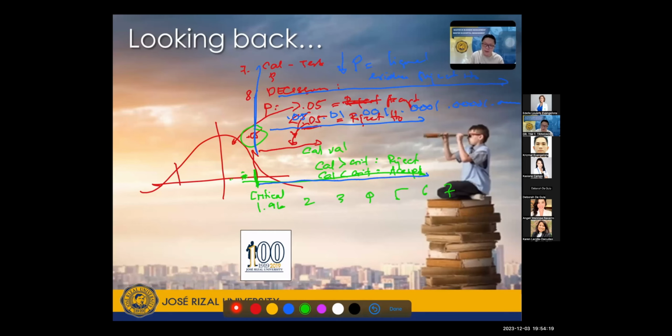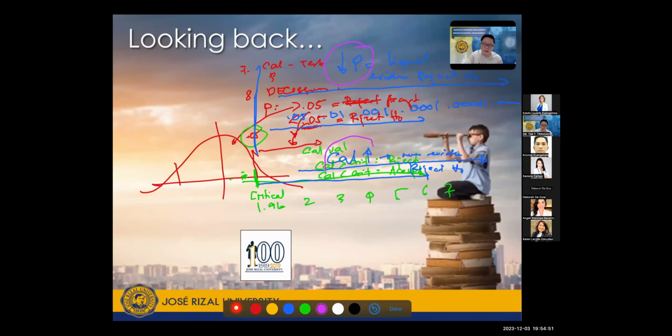As your calculated value increases, it means you are going further and further away from the margin, right? So this also means there will be more and more evidence to reject your null hypothesis.